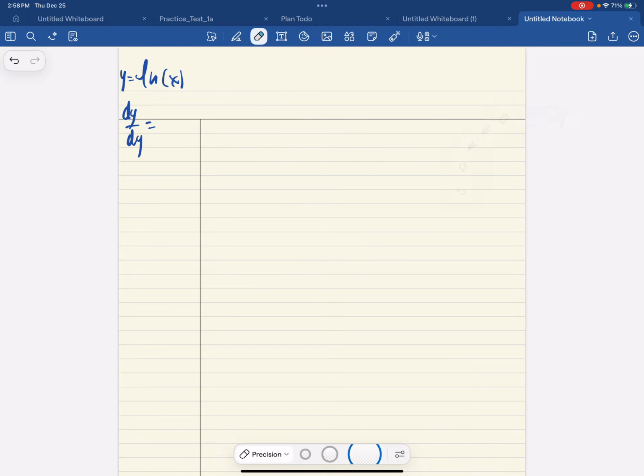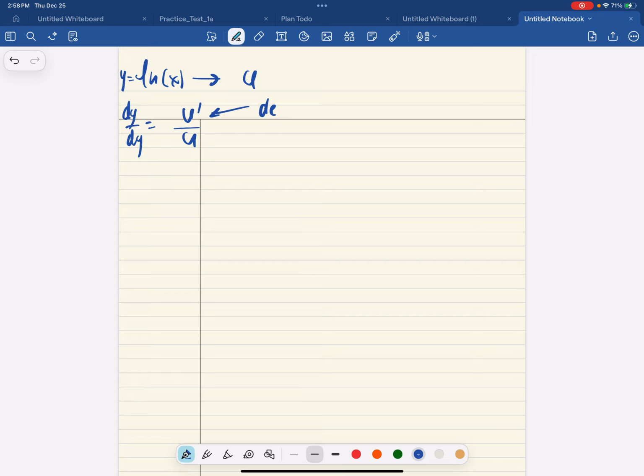So the ln rule is very, very simple. Let's say that the inside of the ln is u, okay? The derivative is u prime over u. That's it. This means the derivative of the function divided by the original function.